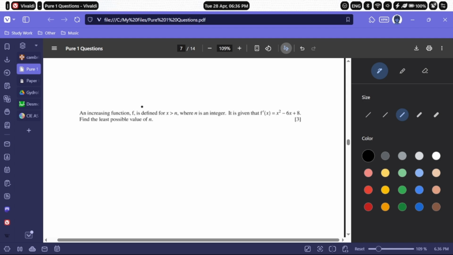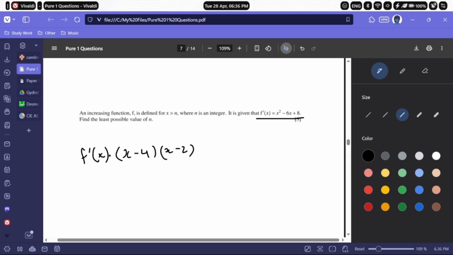You will not differentiate it, because this over here is your gradient function. Let me just explain what I'm doing. Let me just find out the roots first. So you can rewrite this as x minus 4 times x minus 2, which is your f prime of x.